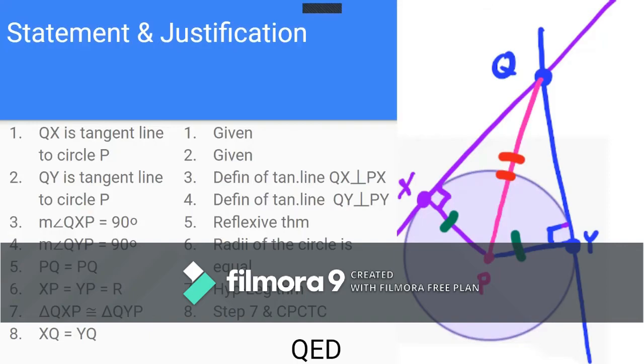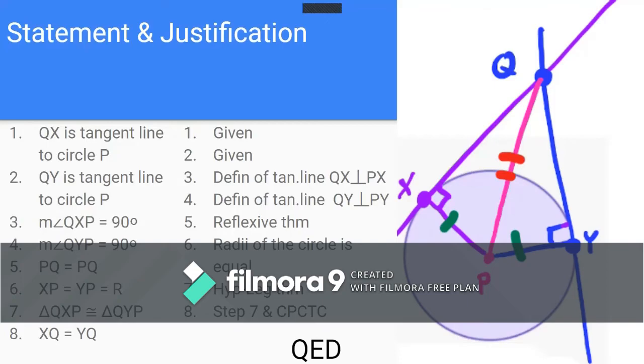Step six, XP equals YP equals R, the radii of the circle, which are equal. If you watch the video, I recommend it very strongly. If you draw a circle and measure it, you see that the radii are equal.